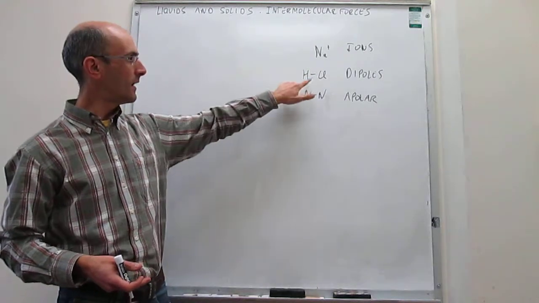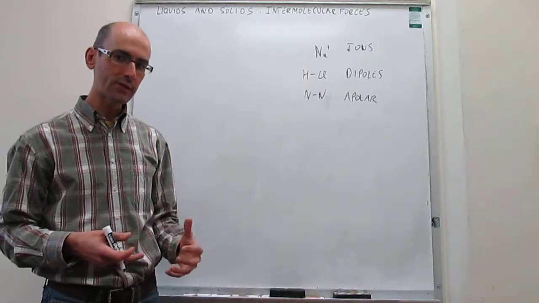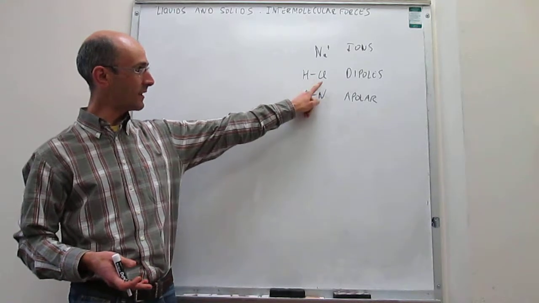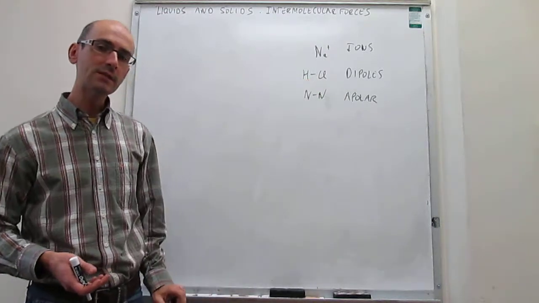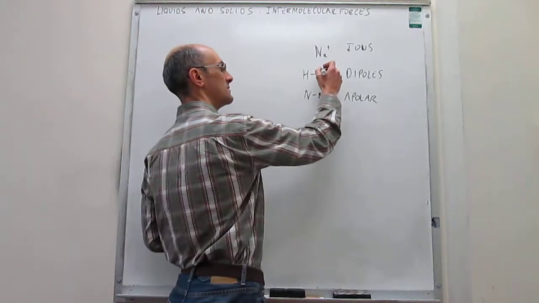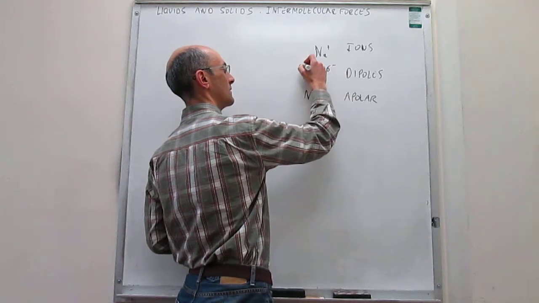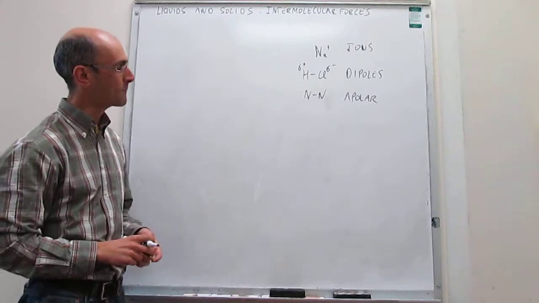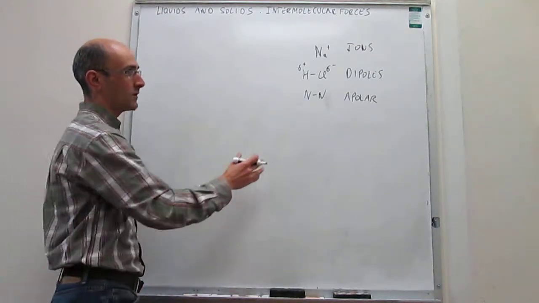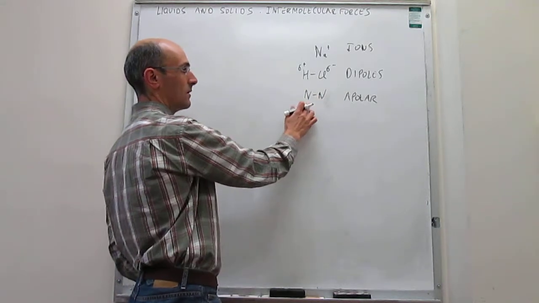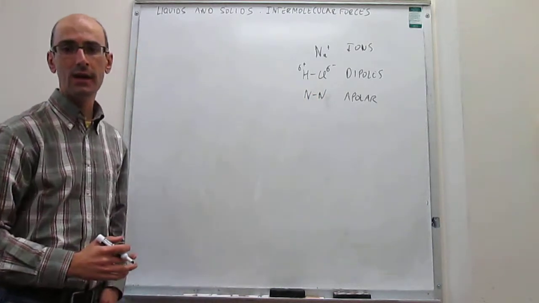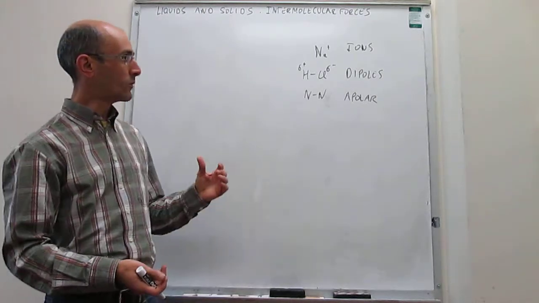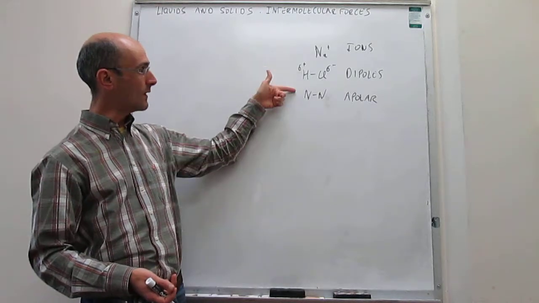In a dipole, there are no full charges, but because it's possible to have a difference in electronegativity between the atoms, you have a negative end and a positive end of this molecule, and that generates an electrostatic dipole. And in apolar molecules there are no full ions or any permanent dipolar separation of the charge.